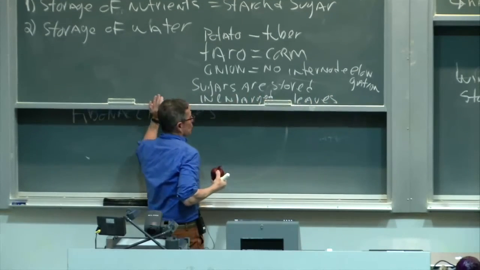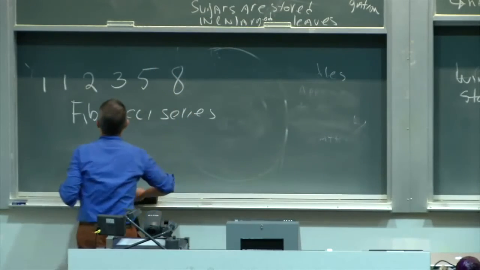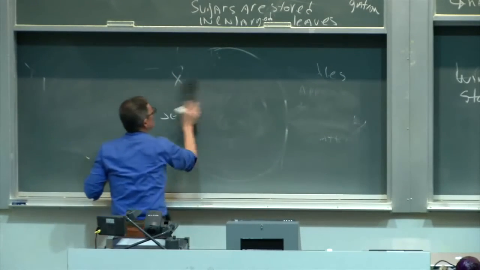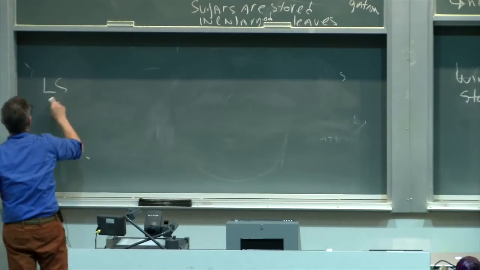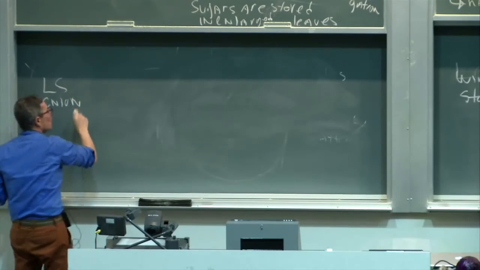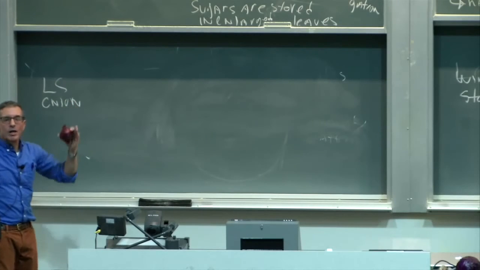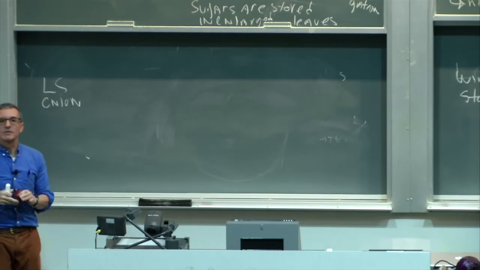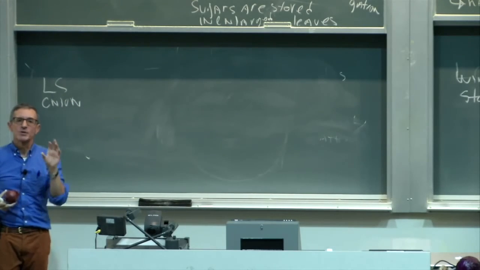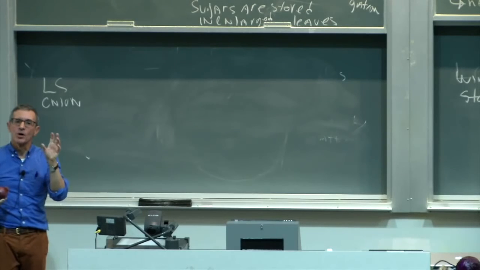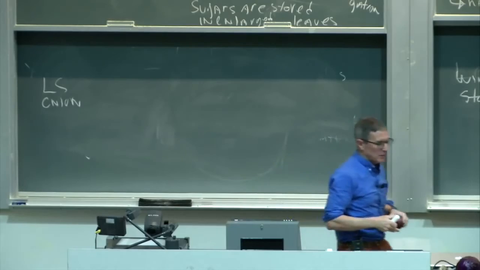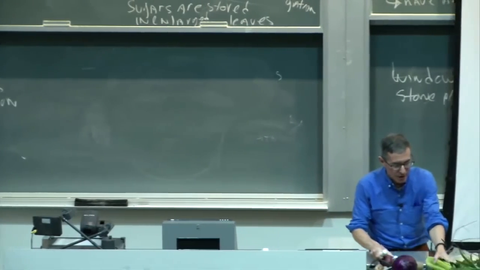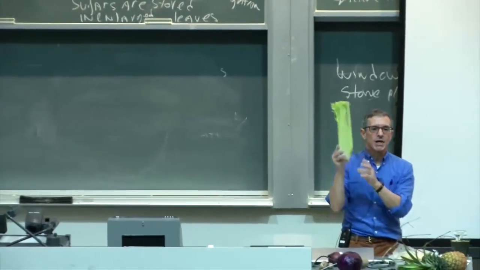So if we could make a longitudinal section through this onion, we would find all of the internodes, all of the leaves, probably attached at what appear to be the same point. There would be no elongation of the internodes. This theme of a lack of internode elongation is also familiar to you in a plant such as celery.